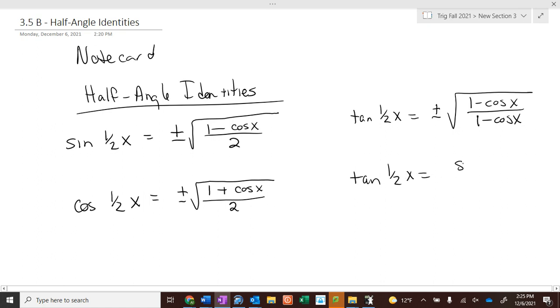One is sine of x over 1 plus cosine of x. And the other one is 1 minus cosine of x over sine of x. I prefer the last one, if you want to know. That's the one I prefer to use.